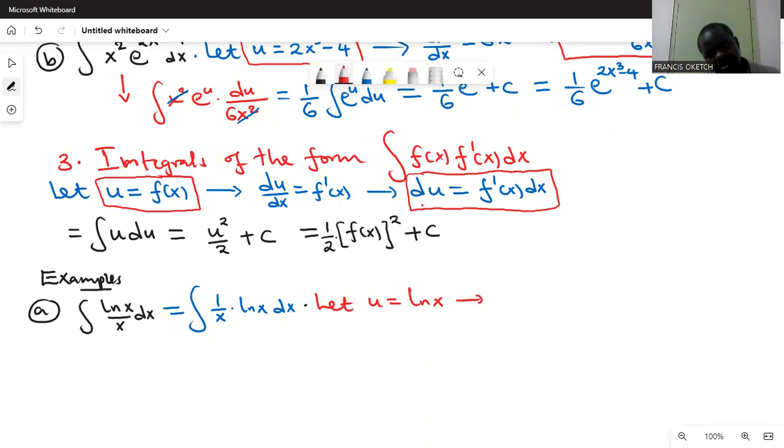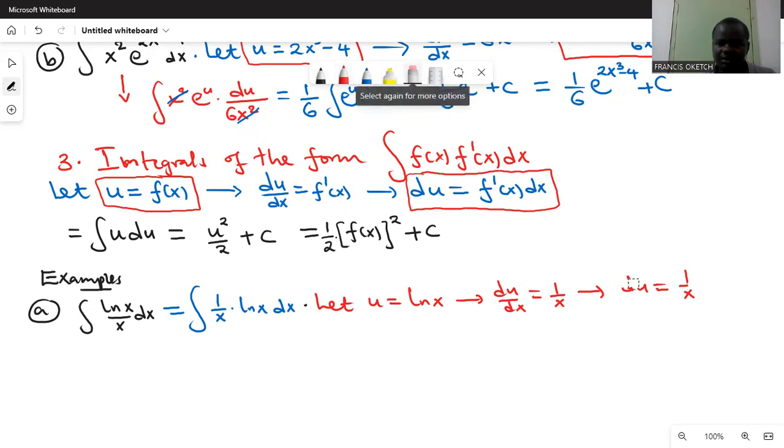So what is du dx? du dx is equal to 1 over x. Or you can say du is equal to 1 over x dx. Alternatively, you can make dx the subject, just to be consistent, so that you understand the concept better.